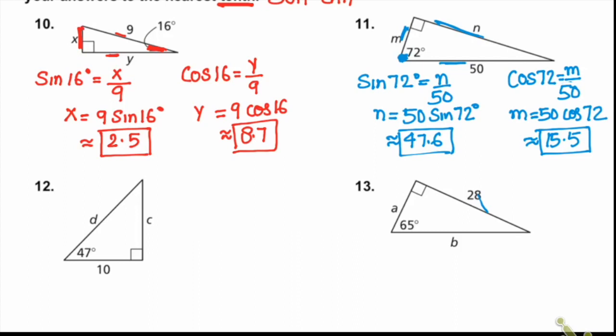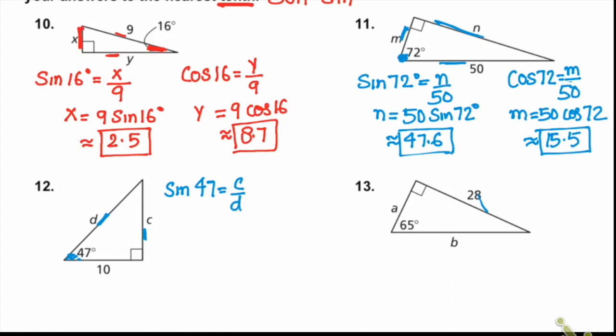After that, in the same way, let's do the next problem, question number 12. I have to use sine and cosine. This angle is given, and sine of 47 is opposite over hypotenuse. So that's c over d.